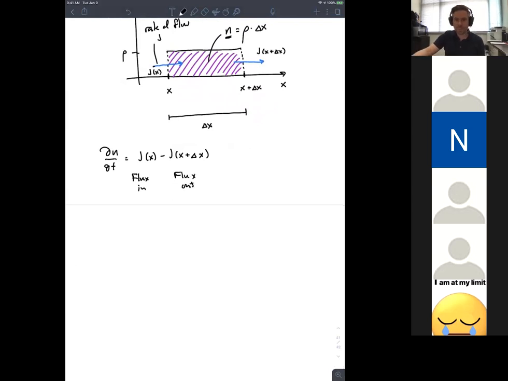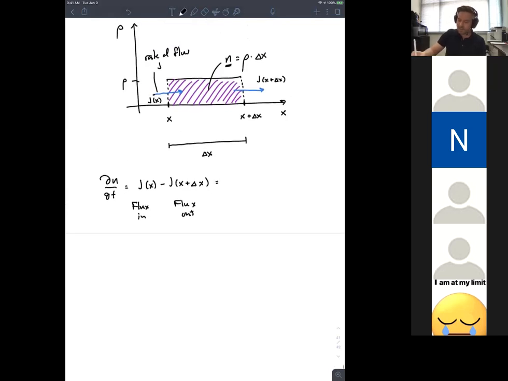Make sense? All right, very good. So now if I come back up here, the number of particles is related to the density times my volume. So if I substitute this in for N, then what I get is this: the time derivative of rho times delta x.